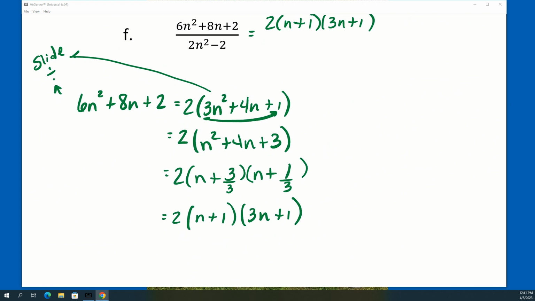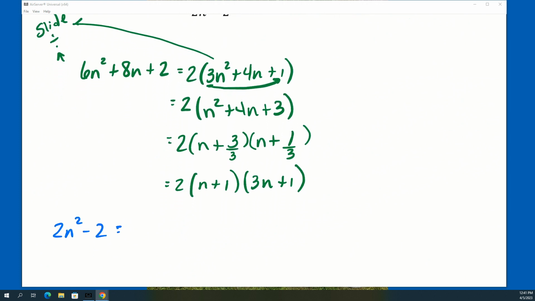Okay, and then for 2n minus 2, I'm going to start off the same way. I'm going to factor out a common factor. This one is going to be difference of squares.